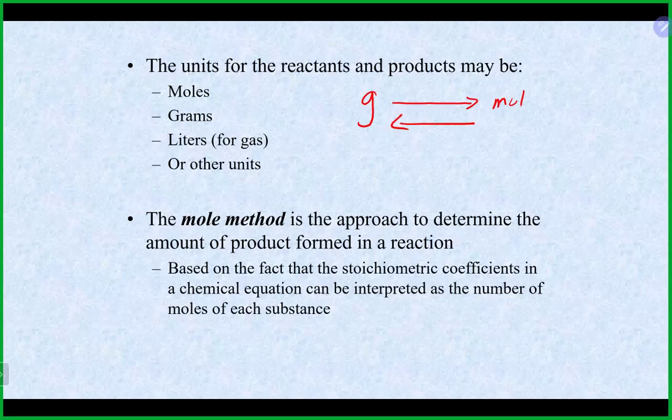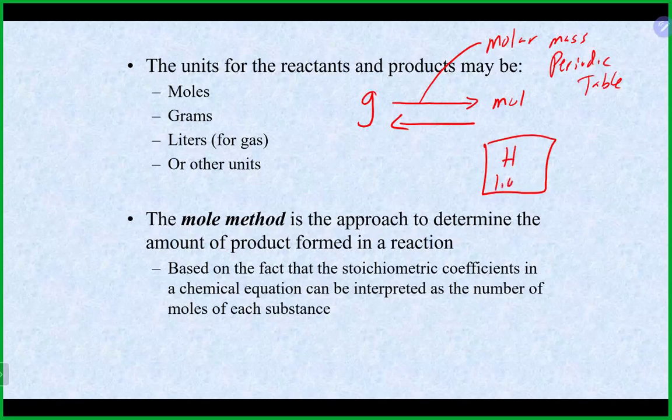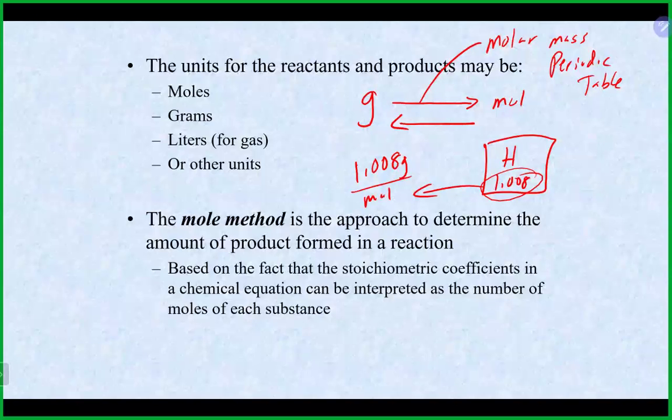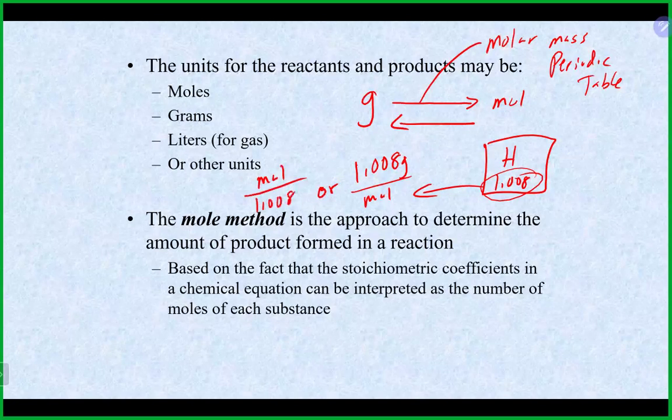So hopefully you remember that it is the molar mass from the periodic table that allows you to do that. Remember, the molar mass comes from the periodic table. It is the number on the bottom. That is how many grams there are per mole. You could use that as a conversion factor. You could flip it around and put the moles on top and the grams on the bottom.